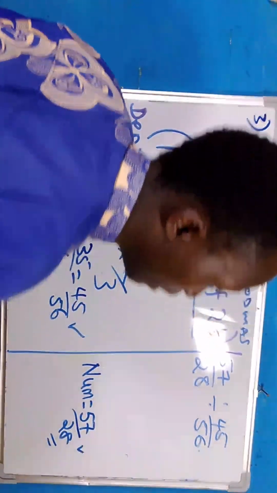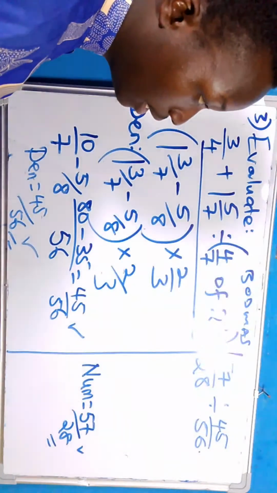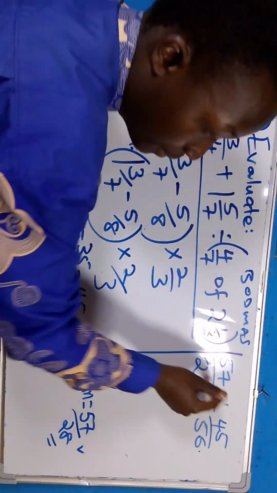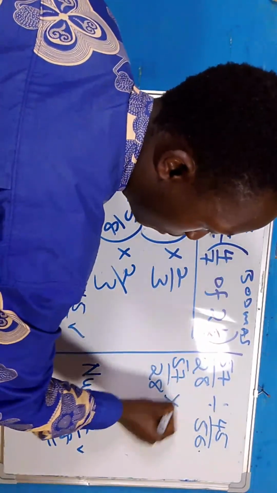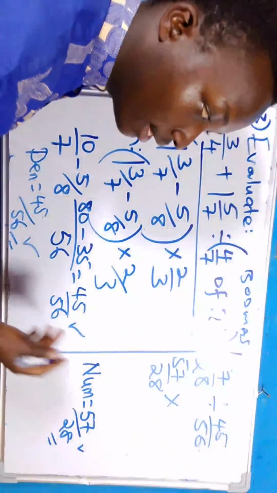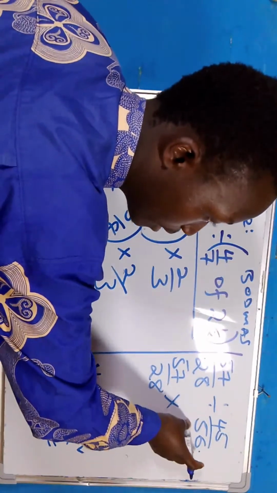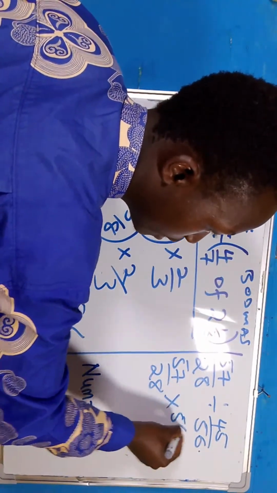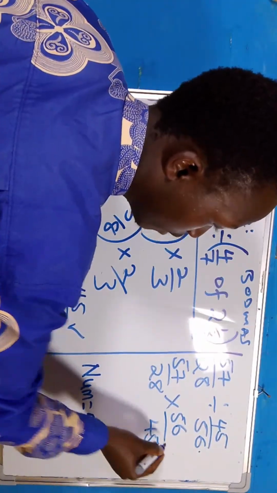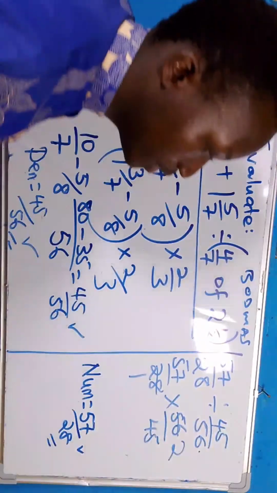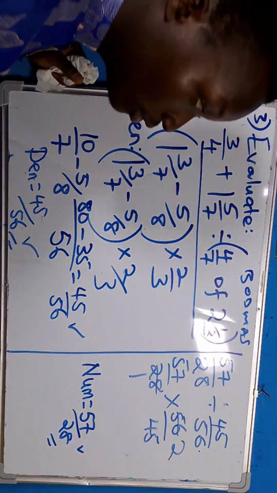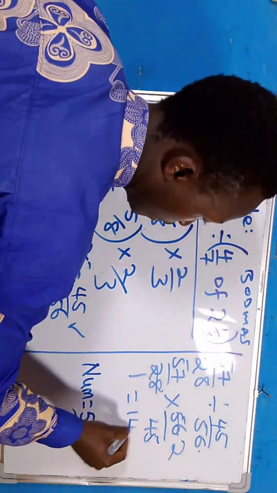We have division here, so we have 57 over 28. We change our sign from division to multiplication, then we take the reciprocal of 45 over 56, which is 56 over 45. So we'll have by 28, 1, by 28, 2. 57 times 2 is equal to 114.